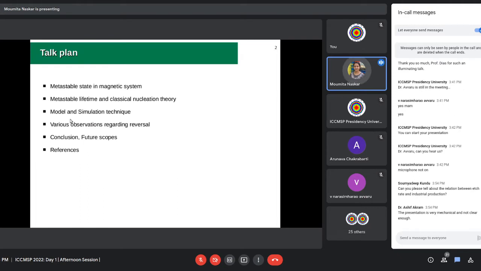Then I will describe the model and simulation technique. After that, I will share various observations regarding reversal or metastable lifetime under the influence of magnetic anisotropy. Then there will be a conclusion along with some future scopes, followed by some useful references.